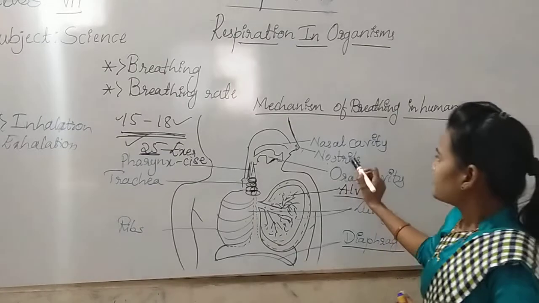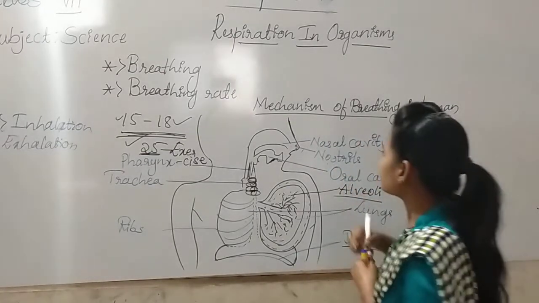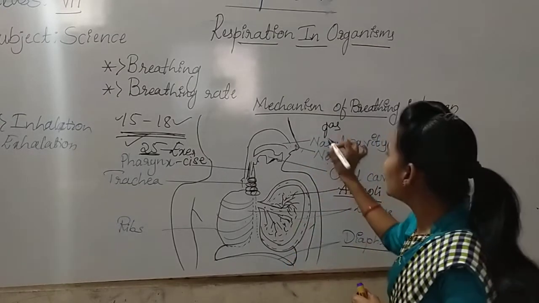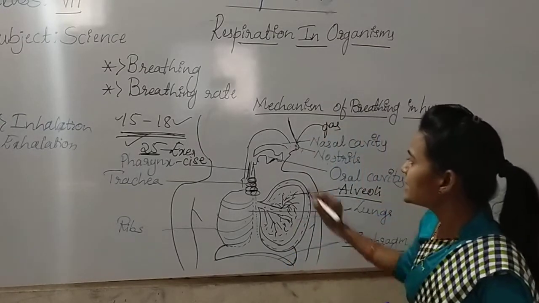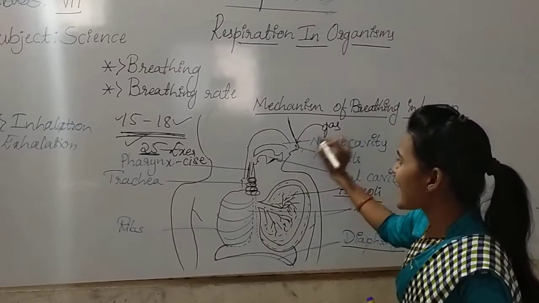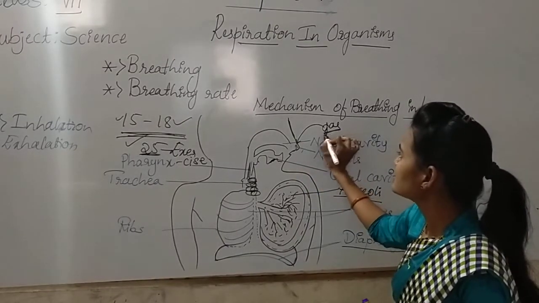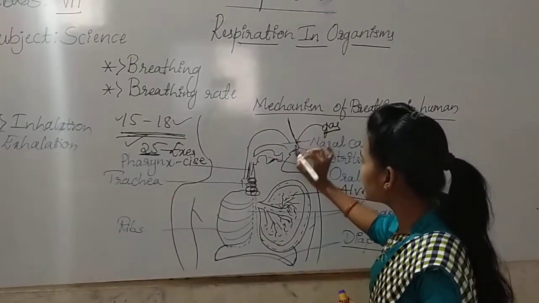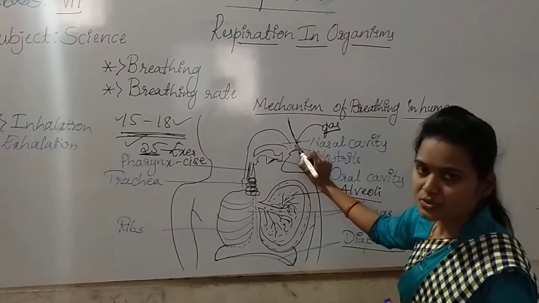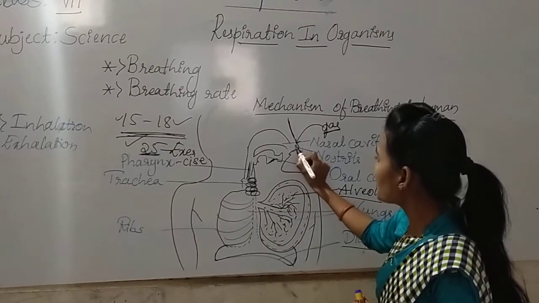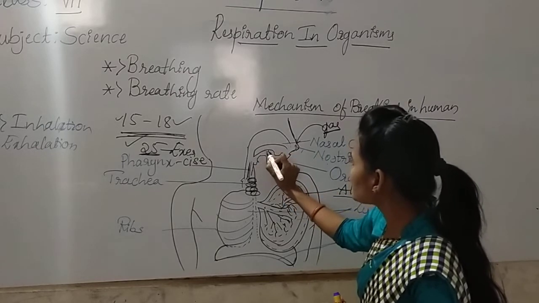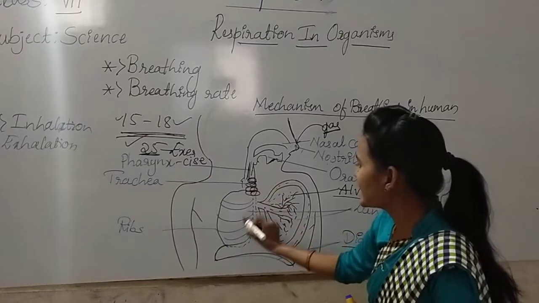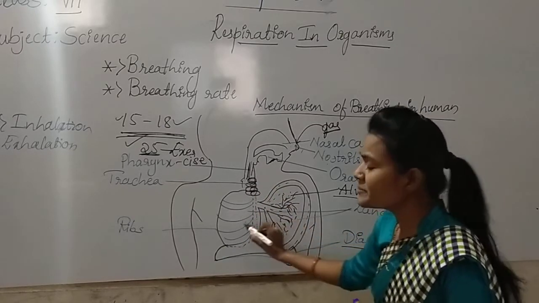See here, whenever oxygen, otherwise gas, is inhaled through the nostrils, that gas which is rich in oxygen enters the nostrils, and from the nostrils to the oral cavity, from there to the trachea, and from there directly it is entering the lungs.